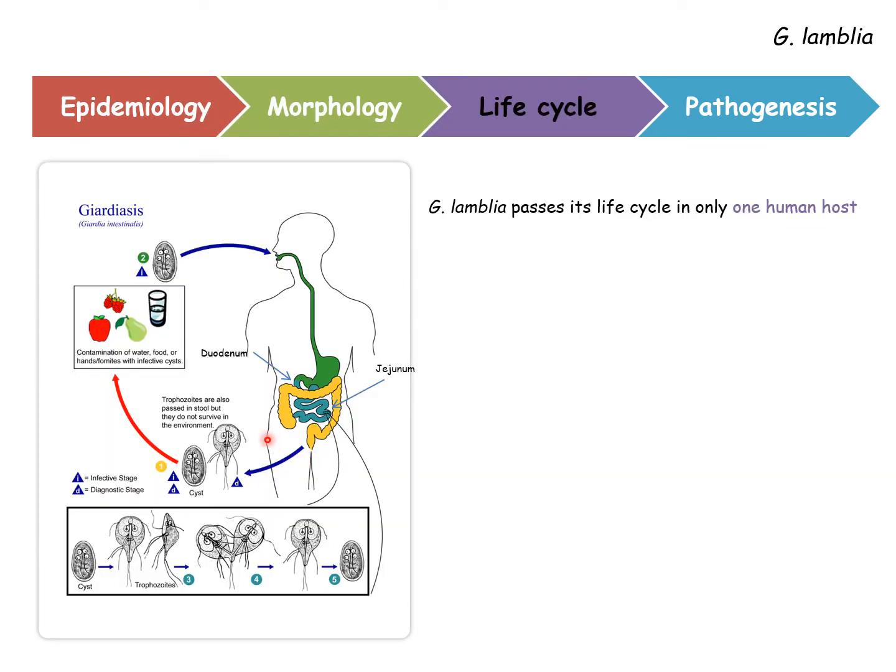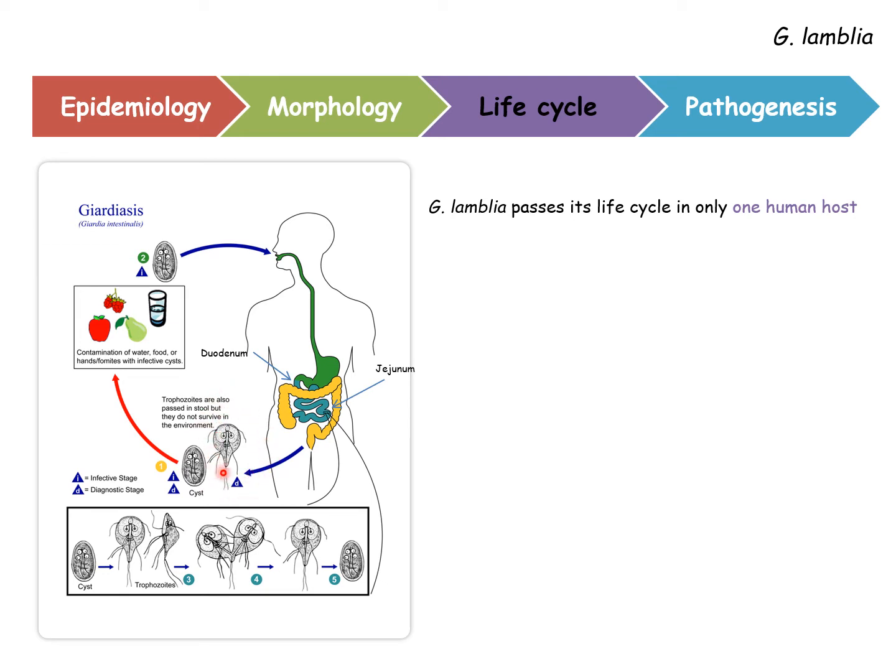Giardia lamblia can complete its life cycle within a host. During the life cycle, both trophozoites and cysts are excreted into the environment. Both are diagnostic stages, which means when we do a stool examination, we can find both life forms in the stool samples.